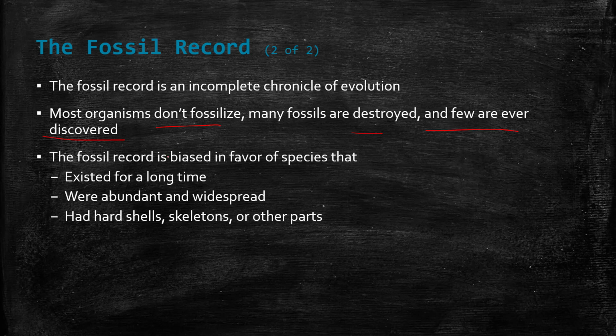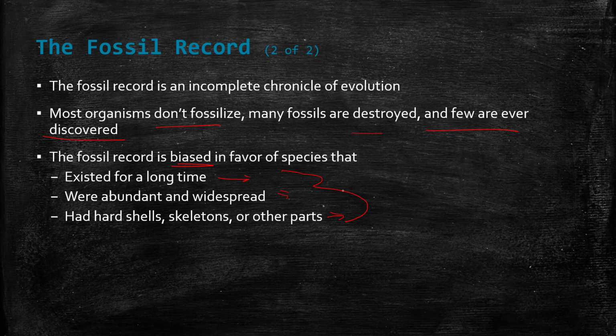But the fossil record is also biased, meaning the things that we're most likely to fossilize and most likely to find fossilized are those things that existed for a very long time, meaning they left tons of fossils. They were abundant and widespread. Once again, they're likely to leave fossils, and they have hard parts that are likely to fossilize. These are the kind of critters most likely to be fossilized and found.